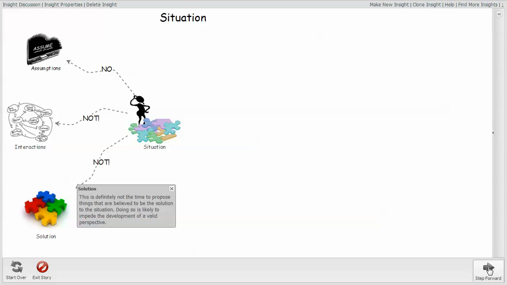So as a beginning, we have to define the situation as realistically as possible and ensure that we're not making a lot of invalid assumptions about that definition of the situation.